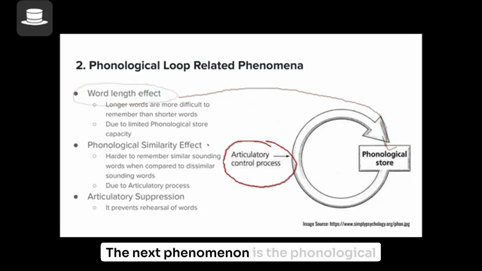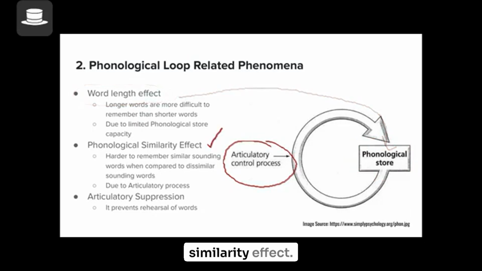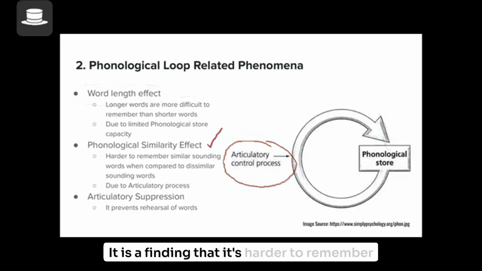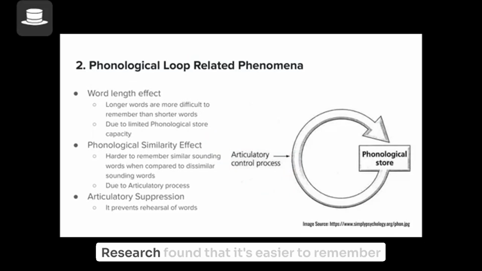The next phenomenon is the phonological similarity effect. It is the finding that it's harder to remember a list of similar sounding words when compared to dissimilar sounding words. Researchers found that it's easier to remember dissimilar sounding words than similar sounding words. This phenomenon is called the phonological similarity effect. Well, what could be the reason here?